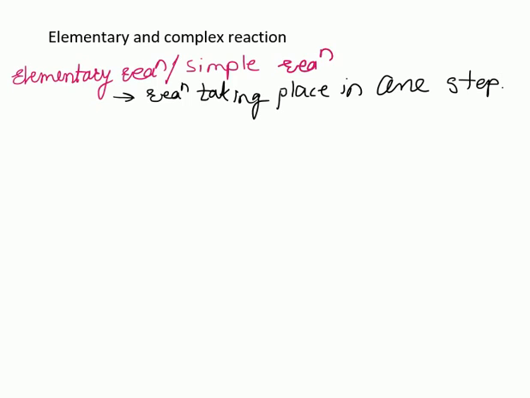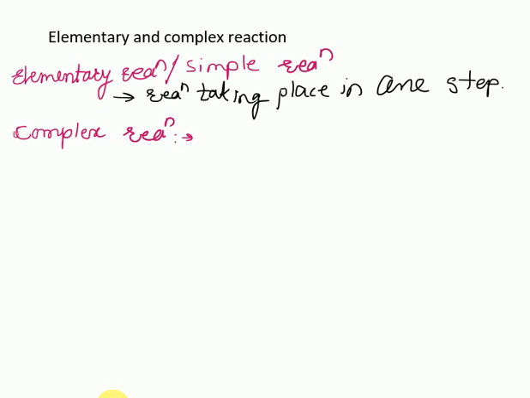Second is the complex reaction. Reactions which do not take place in one step are called complex reactions. These are reactions in which all the atoms, ions or molecules represented in the balanced chemical reaction may not come together in one step to collide simultaneously to give the product.